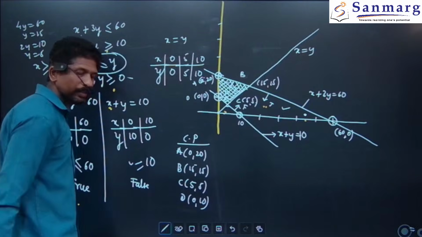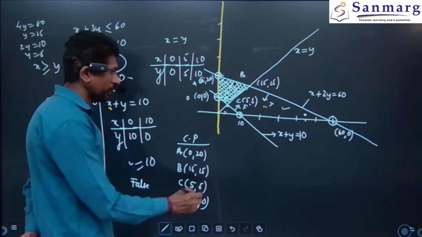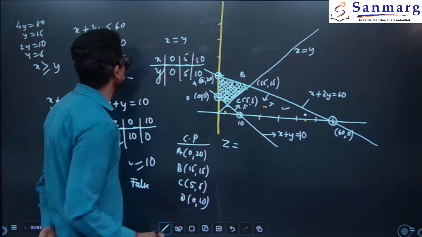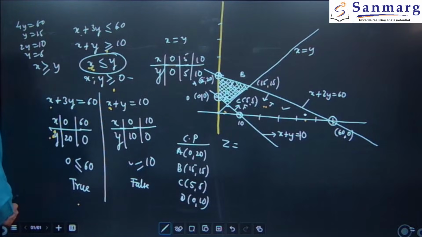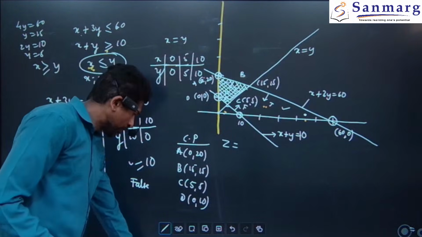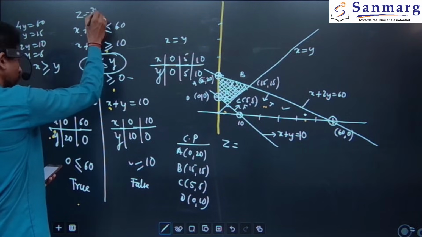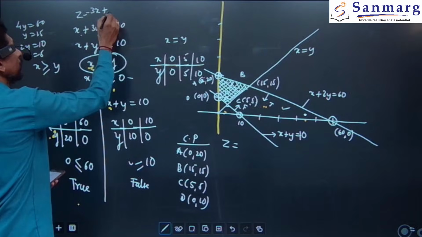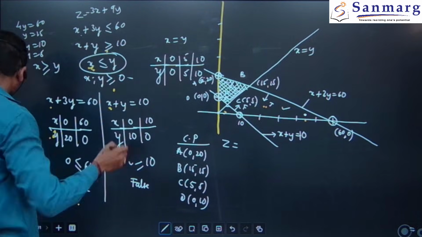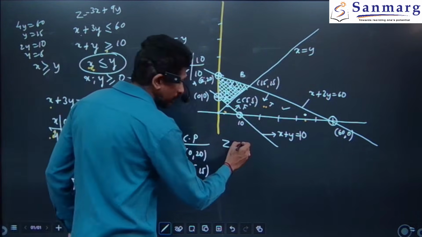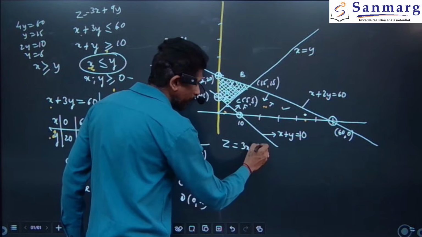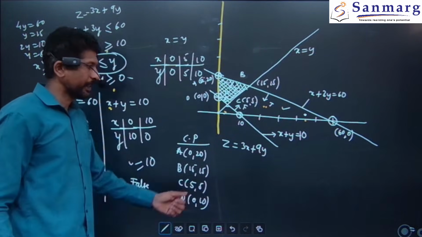So by taking these 4 corner points, you have to substitute in the objective function. The objective function is here: Z is equal to 3x plus 9y. That objective function is nothing but 3x plus 9y.